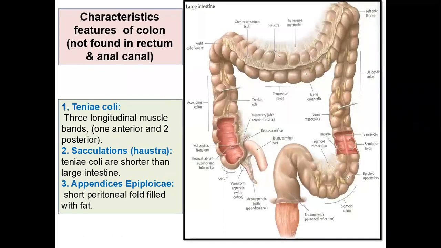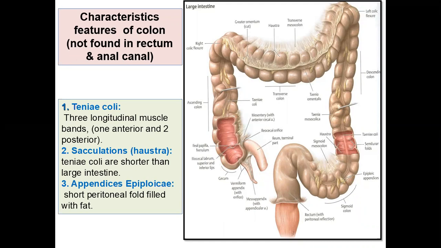Before we go into details about these different parts of the large intestine, we should know some characteristic features with which you can easily identify that this is the large intestine, not the small intestine. Clinically, when you operate, you make a very small incision, and sometimes it is very difficult to differentiate between the large and small intestine because the size sometimes will be similar.